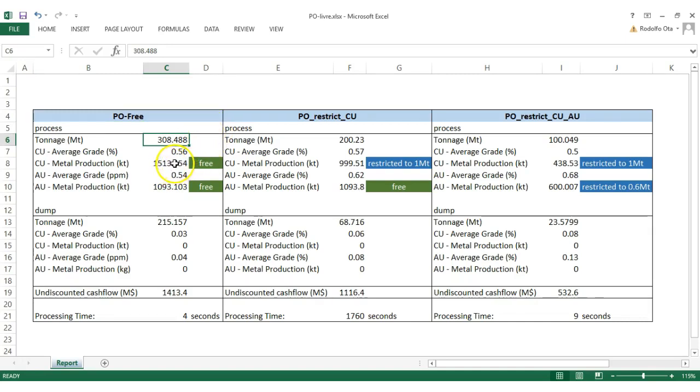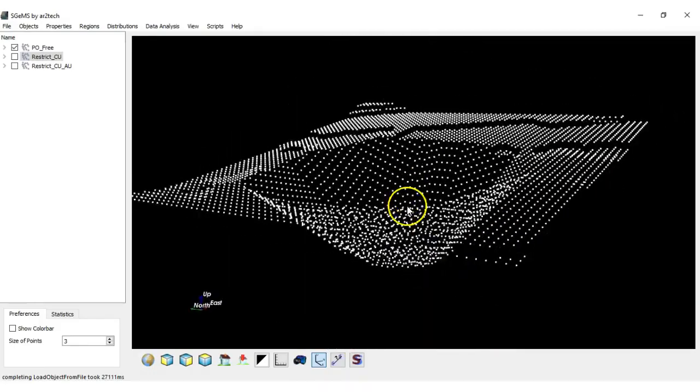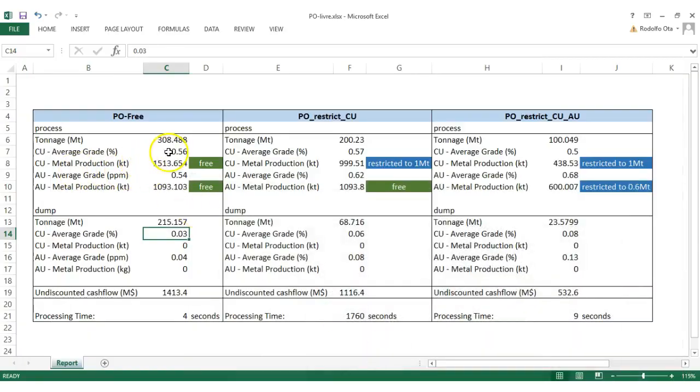SimSched delivered these values for this case, and also this ultimate pit, nothing new. Moving on, this case was restricted on the metal production just for copper, limited to 1 million tons. After the optimization process, SimSched delivered a production that respected this limit, 999 kilotons in this case.